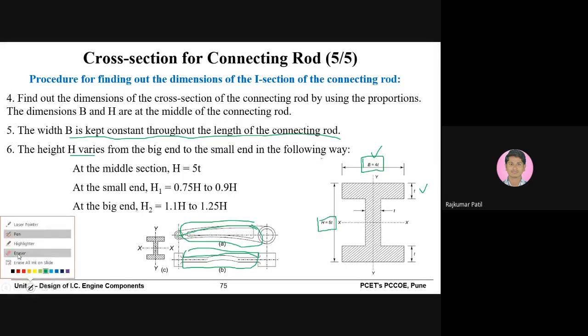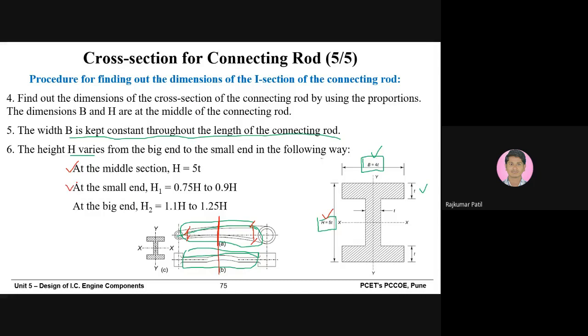Let me change the pen color. So here you can see the height is maximum at the larger end of the connecting rod, and it is minimum at the smaller end of the connecting rod. So H varies from big end to the small end, and at the middle section, H is taken as 5 times T, just like you can see here.